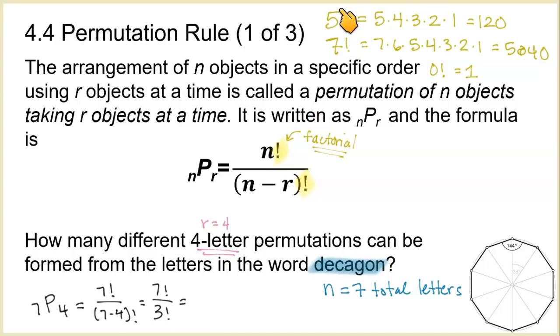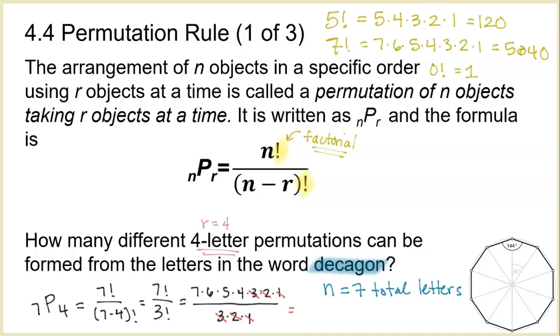And if I utilize this notion up here, the 7 factorial, I can expand that out as 7 times 6 times 5 all the way down to 1. And then 3 factorial, I can also expand out as 3 times 2 times 1. And then I look in the numerator and the denominator, and since this is multiplication, I can easily eliminate some of the values, because anytime I have a number like 3 divided by itself, it's just 1, so I can cancel those out.